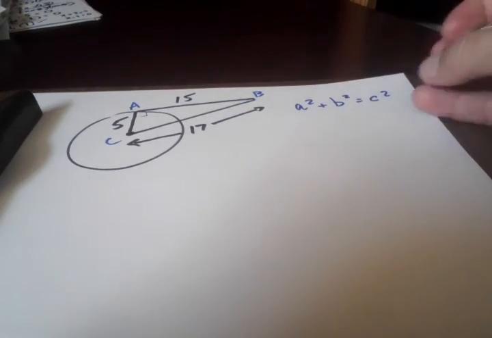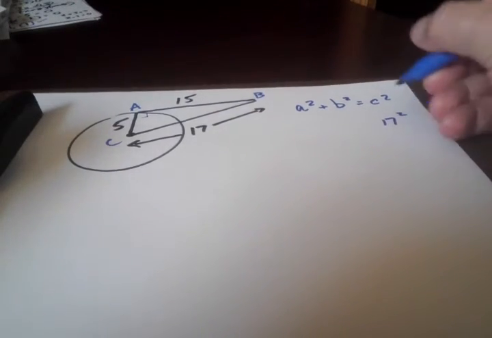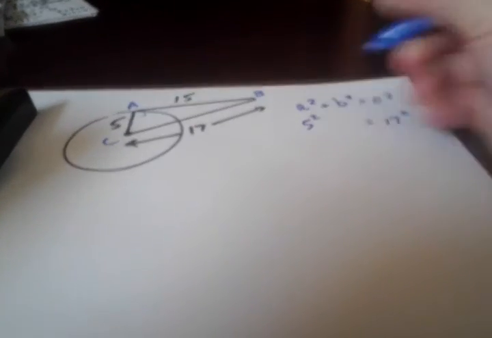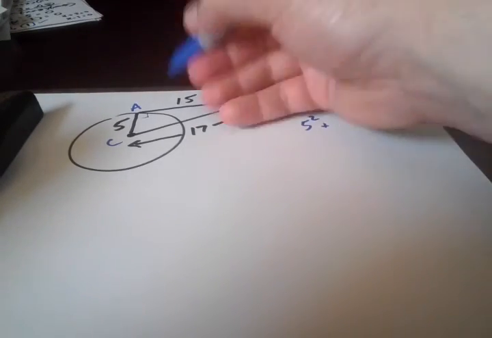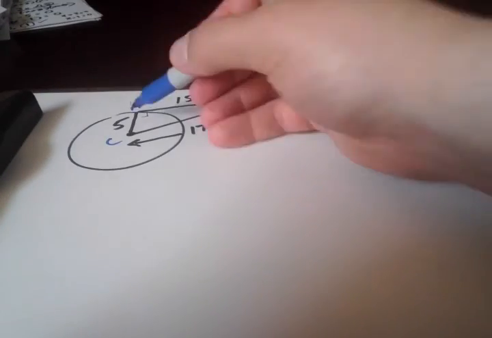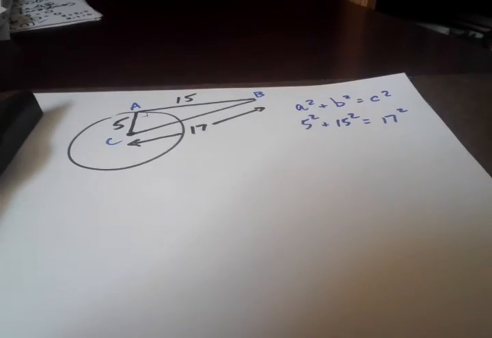C would have to be 17, so I'll plug 17 in for C. A would be 5 squared, and B 15 squared. Okay. Remember, if they equal, it'll be a right triangle. So go ahead and use your calculator now as I fill these in.